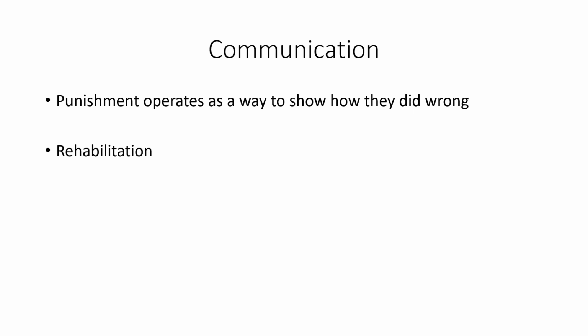They will not because of deterrence, not because they're afraid of further punishment, but because the way the punishment was conducted, they have seen the error of their ways and they want to be a better citizen. So this is the communication justification for punishment, as opposed to desert and deterrence.